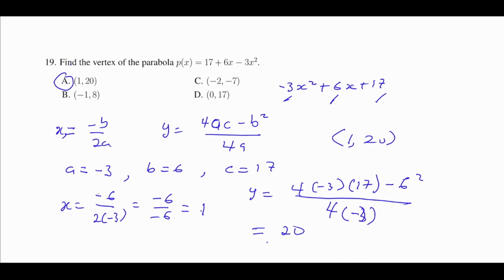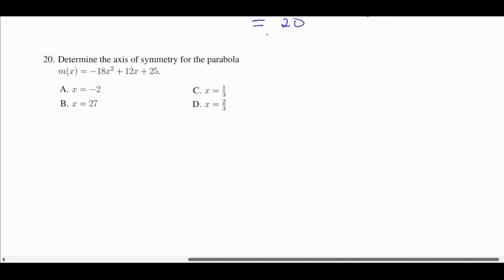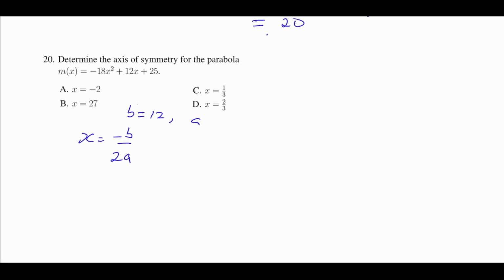Then we go to question 20. Question 20 says we should find the axis of symmetry, and the axis of symmetry is given as x equal to negative b over 2a. From our question, what is our b? It is 12, and what is our a? It is negative 18.